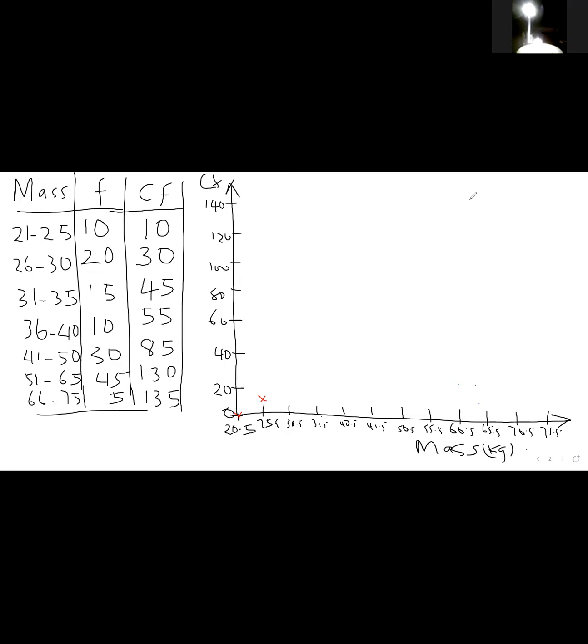Then 30.5 is 30. So that's around the middle. Then 35.5 is 45. 45 is above 40. Then 40, do we have 40.5? Yeah, it's 55. That's below 60.